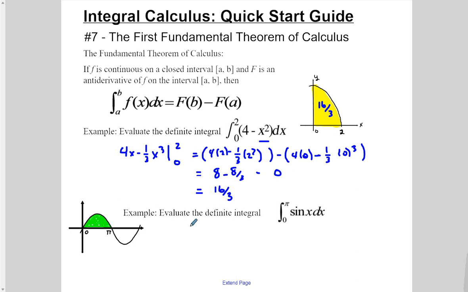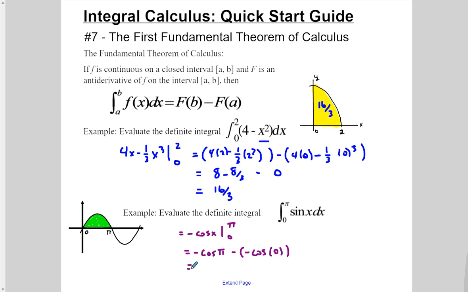Let's talk about this one. If we take the integral of sine of x on the interval from 0 to pi, that's that little area here in green, what do we get? Well, let's go with our integral. The antiderivative of sine of x, we said, is negative cosine of x, and we're going to evaluate this from 0 to pi. This notation means take the negative of the cosine of pi and subtract from it the negative of the cosine of 0.